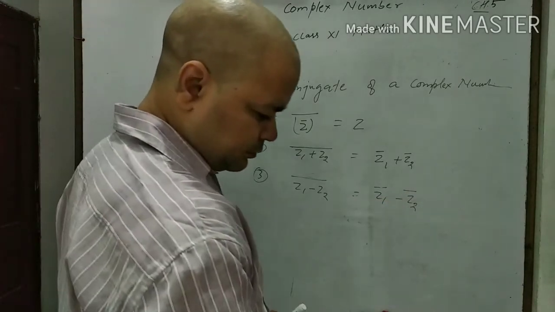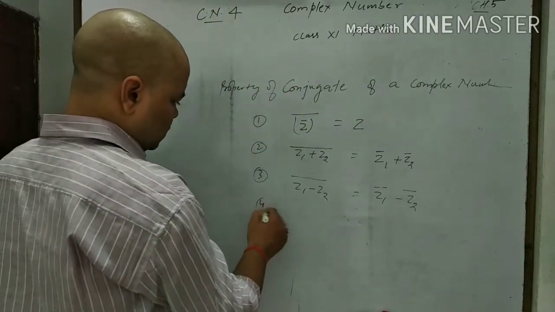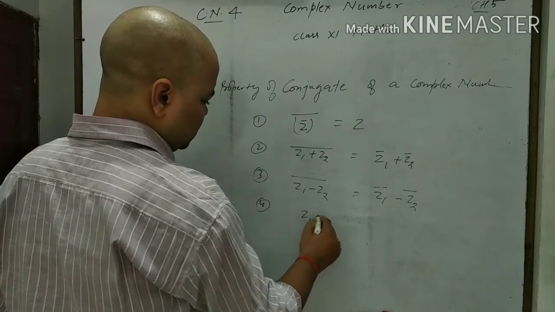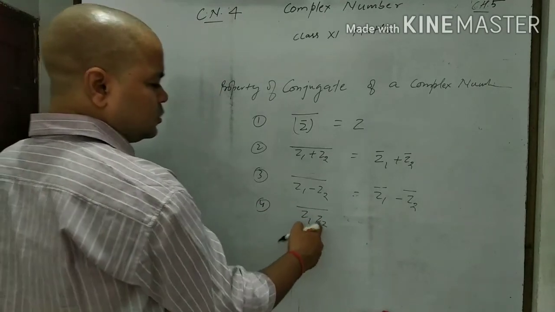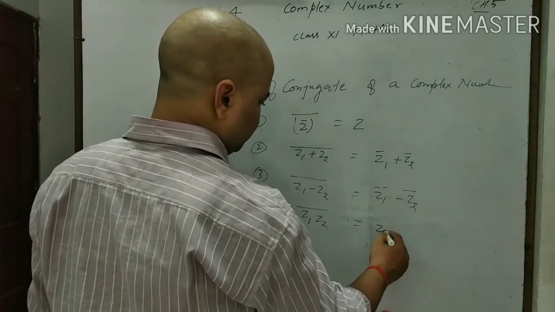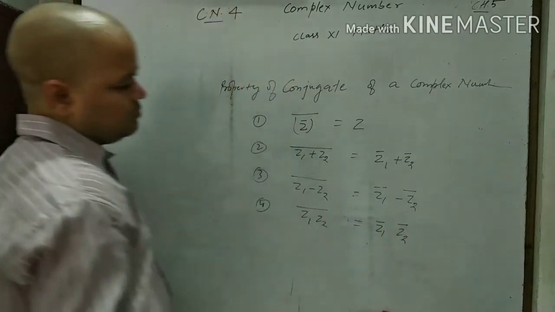Again, the fourth one, if we have two complex numbers z1 and z2, the conjugate of the multiplication of z1 and z2 is equal to conjugate of z1 into conjugate of z2.